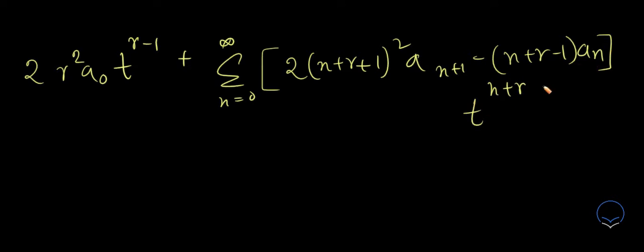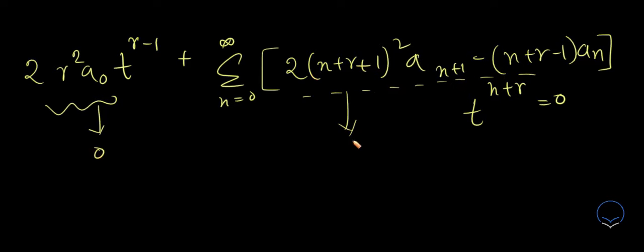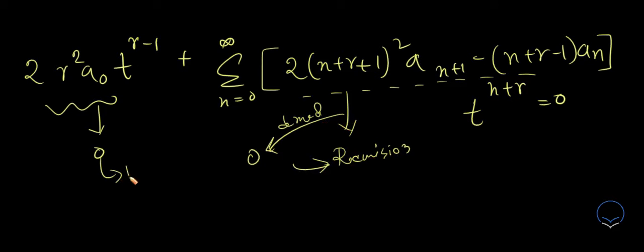And like before, we are going to demand this term to be 0, and we are going to have a recursion from this by demanding it to be 0 as well. So demand this is also 0, and this will turn out to be a recursion relationship, and this will give us the roots.